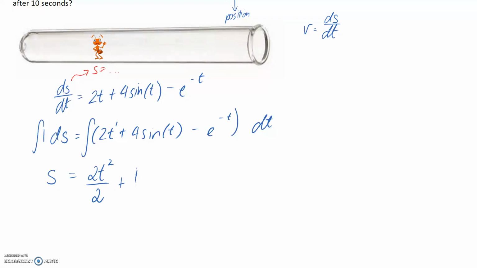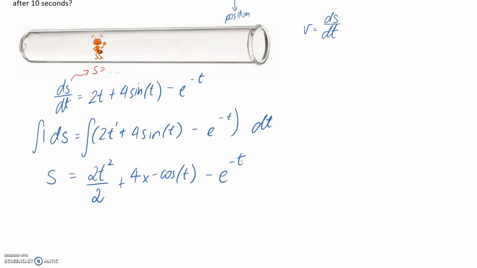For the next one, I'm going to leave the 4 at the front, and then we need to integrate sine of t with respect to t. When we integrate sine, it goes to negative cos. So we'll pop that in there. And then this last one, we want to integrate it with respect to time. The integral of e to the negative t is going to be e to the negative t.